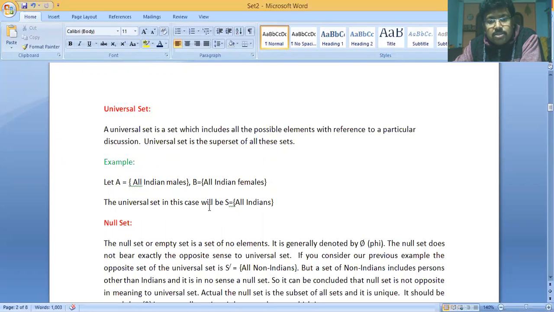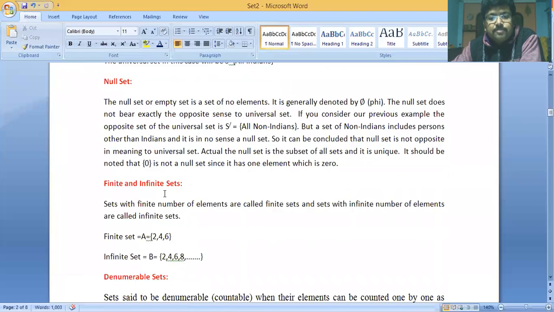So a universal set includes all possible elements: all Indians, all the male and female Indians are in the universal set. So this is the universal set.